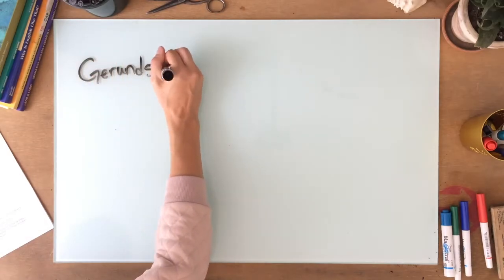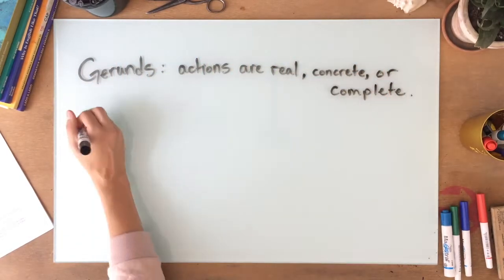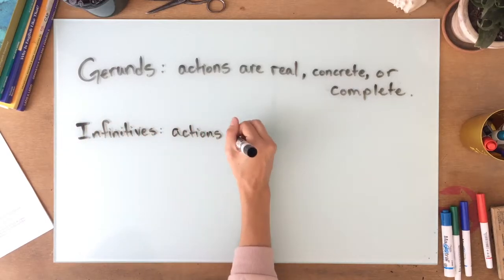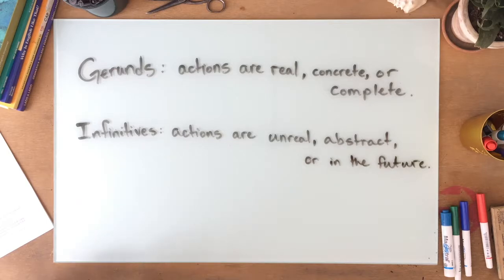Unfortunately, not really. It just takes either a lot of memorization, if you want to do that, or practice, practice, practice. So I know it's difficult. One kind of guideline that I can give you, it does not work 100% of the time, is that in general, gerunds are often used when the actions are real, concrete, or completed, and infinitives are usually used when the actions are unreal, abstract, or in the future.